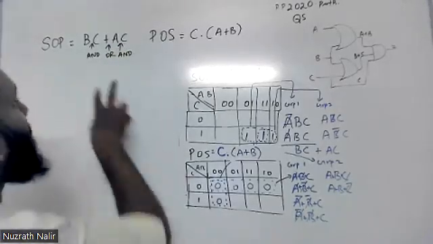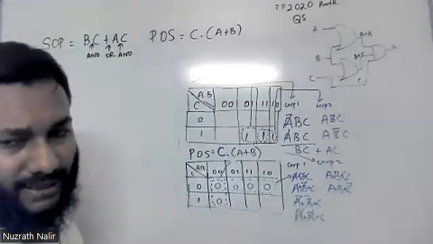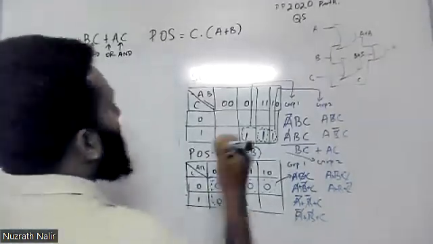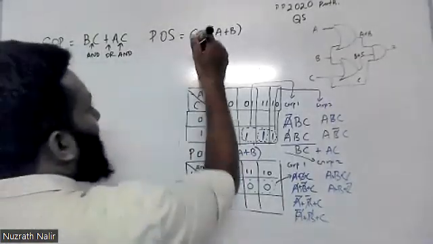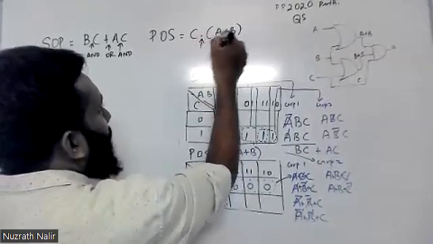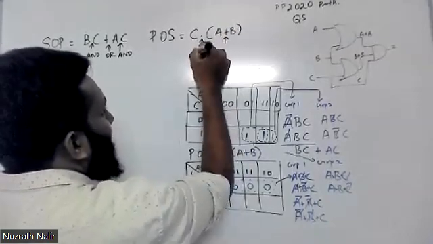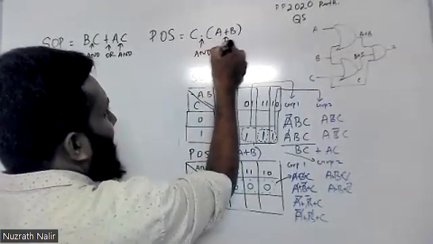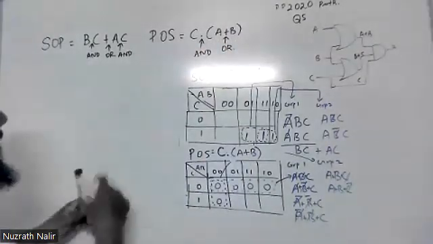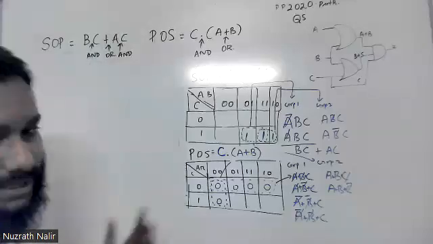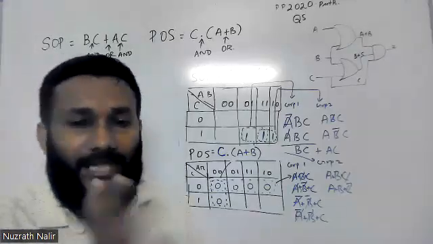Altogether, you have to use the 3 logic gates. Here, you have to use only the AND OR. So from here, by using this expression, even you can justify.